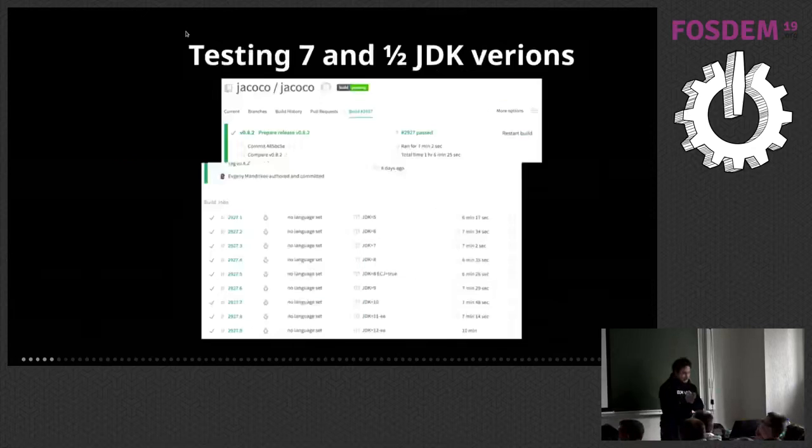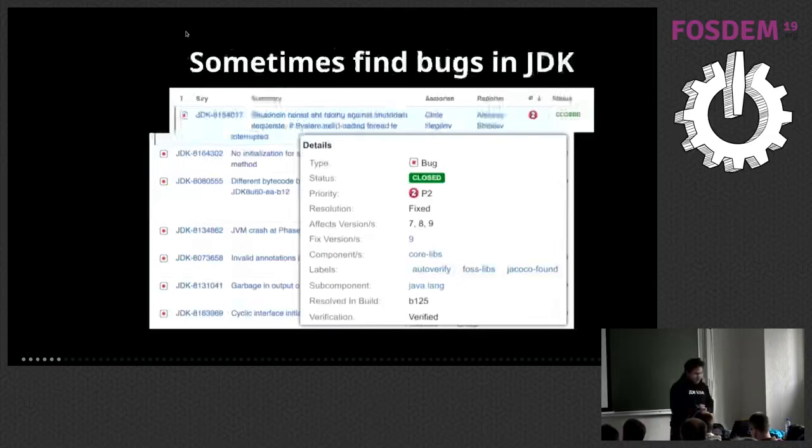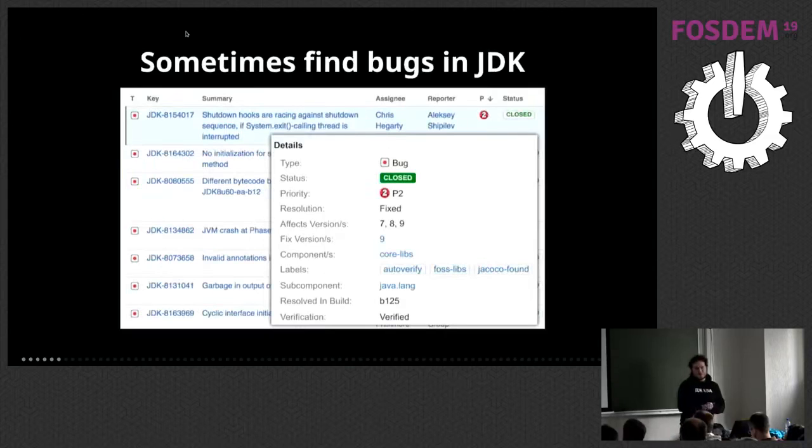Let's go ahead. So during work on these projects, we are testing 7.5 JDKs. Now already something like 8.5 because we also test early access builds. Why we do this, we are going to see a little bit later. Out of all this testing, we of course sometimes find bugs. But I would say that we find the bugs not in our product, but in the JDK.